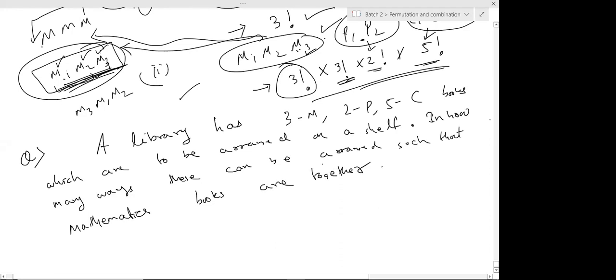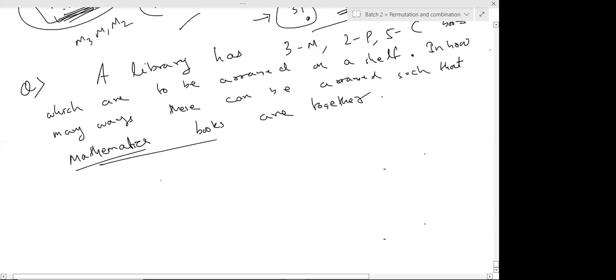All right. You have to see here. We only need to keep the mathematics books together, not all the books. This is also a two-part question. In the first part, books of the same subject are identical.